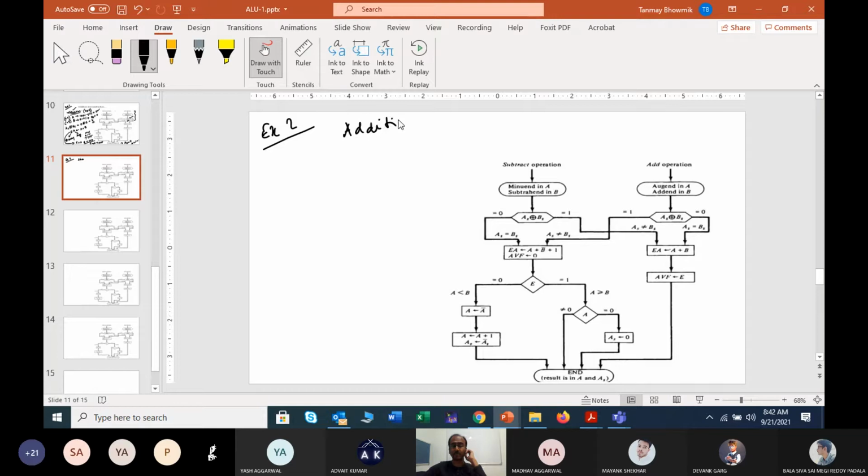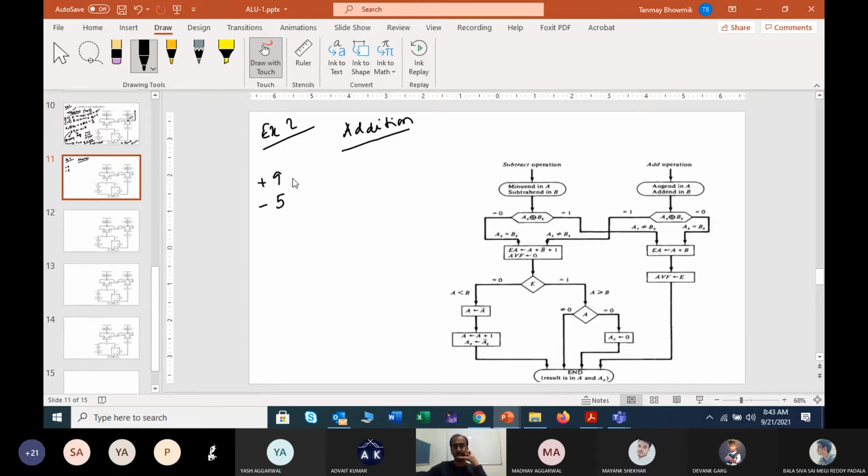And the numbers have been given as, you can make any one of them positive and any one of them negative: +9 and -5, right?